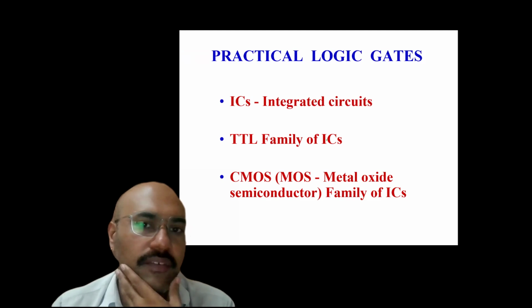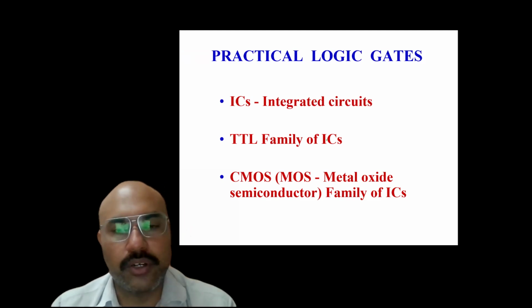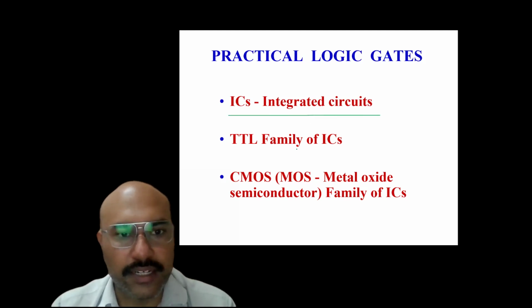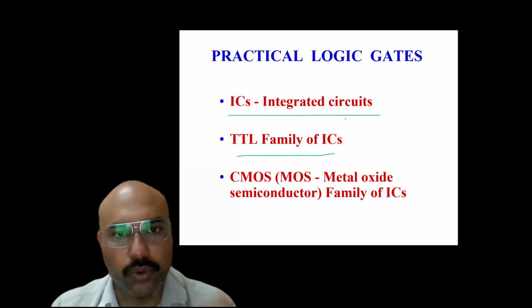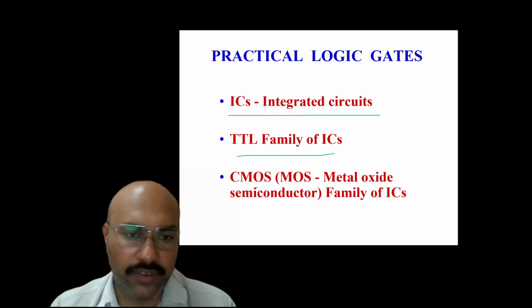And these are the practical logic gates that are available in real form. When we talk about the physical device, how do we use such logic gates in our applications as digital devices? They are always available integrated in the form of integrated circuits. The TTL family of ICs are known as logic gates, and we also use CMOS or metal oxide semiconductor families of IC to design the logic gates.